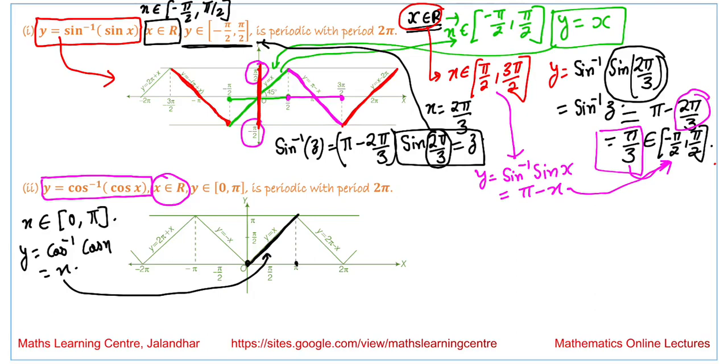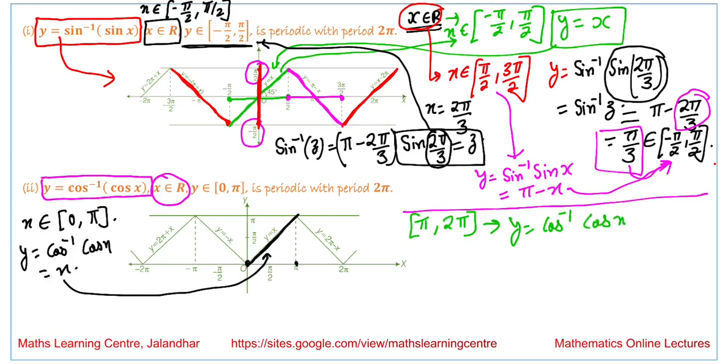Next, when we are talking about the interval from pi to 2 pi, we will obtain y is equal to cos inverse of cos x. This x belongs to this interval, but the values of y should belong to 0 to pi.